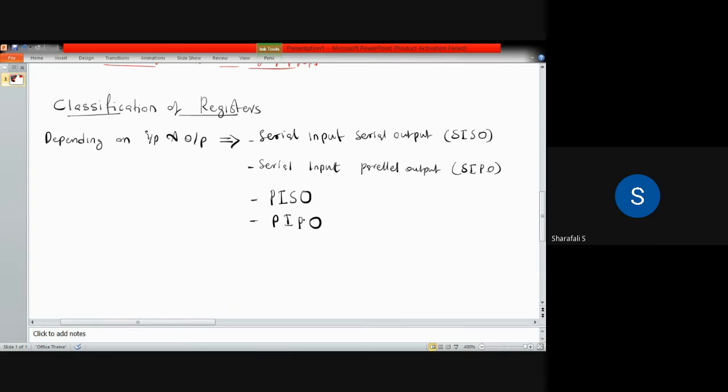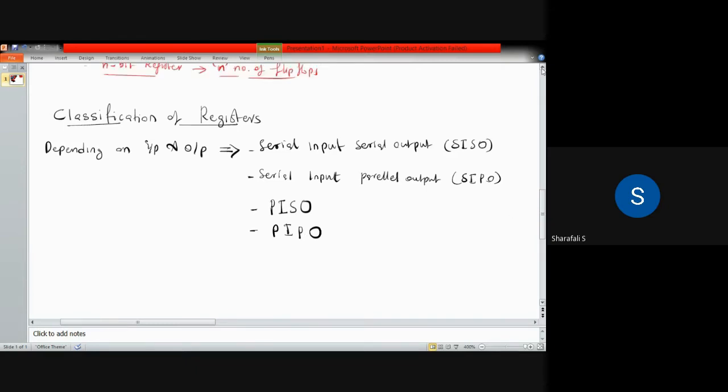This way we can classify these registers based on how we provide input and how we take output from the registers: serial input, serial output; serial input, parallel output; parallel input, serial output; parallel input, parallel output.